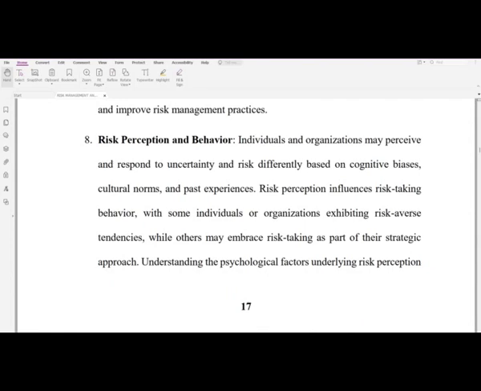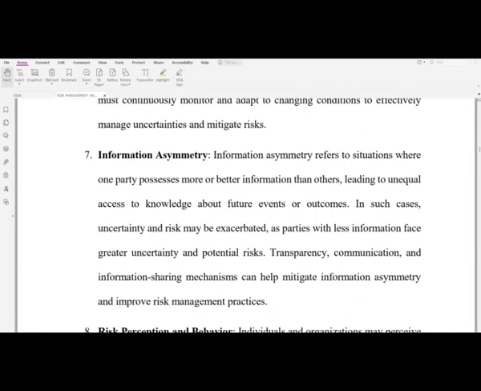So the next point here is information asymmetry. Information asymmetry refers to situations where one party possesses more or better information than others, leading to unequal access to knowledge about future events or outcomes.